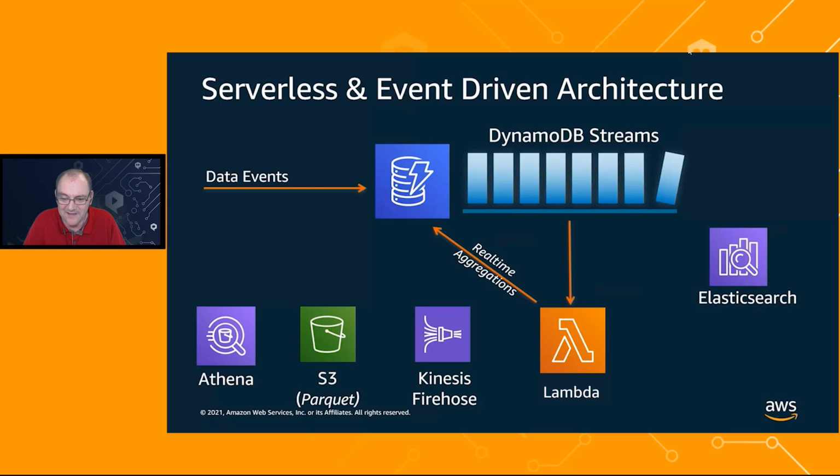Now, every time someone wants to ask, what's my last 30-day running total for X? That's what your Lambda maintains. So I just select the item. I don't have to compute the result. This is a really fantastic way to do this.